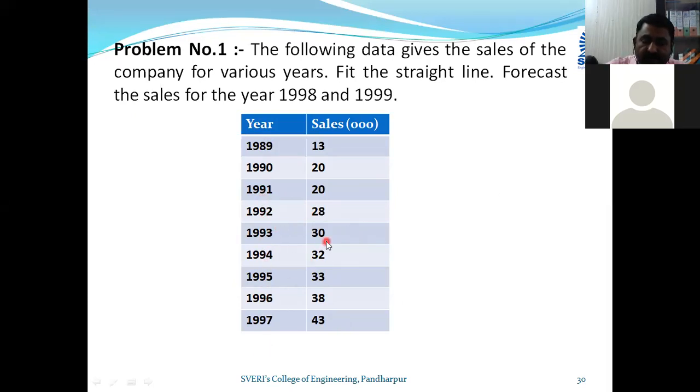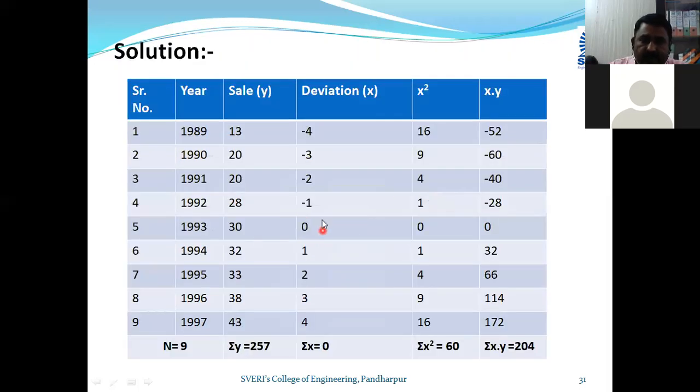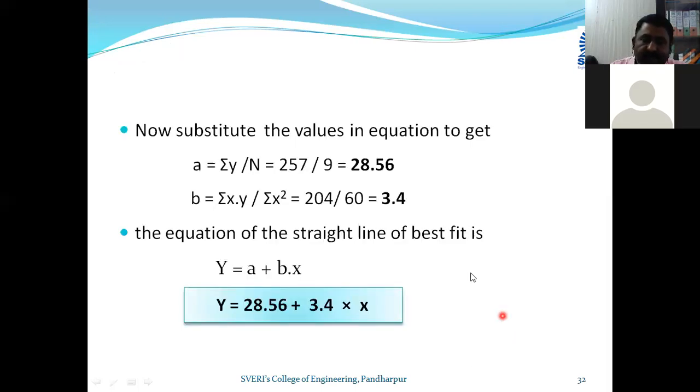This fifth number we have taken as the 0, the deviation as 0, and then -1 -2 -3 -4, and then +1 +2 +3 +4. Then we have gone for summation x square and summation xy. We have substituted the values in the a and b equations, and we have calculated the line. This is the first part of the numerical, that is to fit an equation for a line.